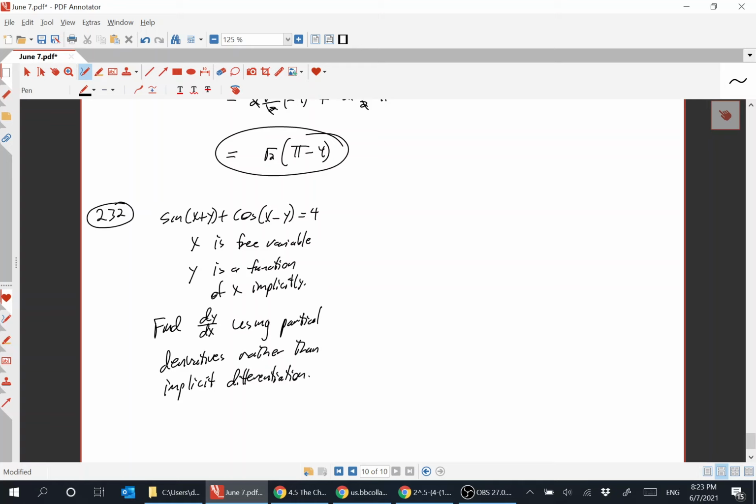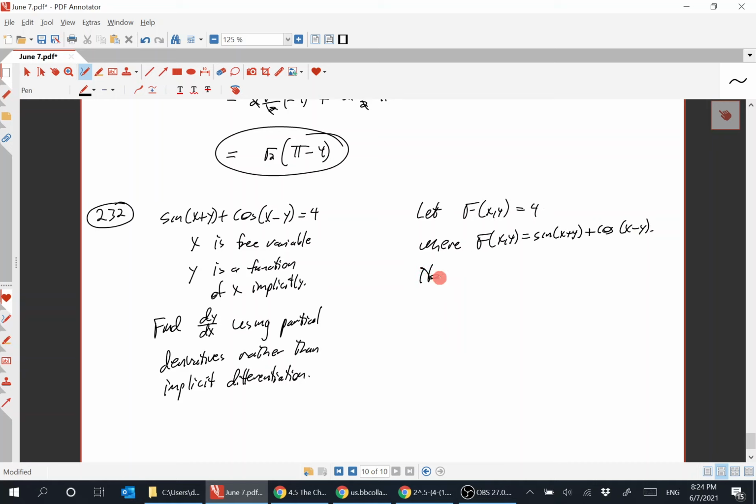Right, so you find this dy dx using partial derivatives rather than implicit differentiation. So the way this goes is as follows, right? So here's the underpinning of it. So let f of x, y equal this thing here, sine x plus y plus cosine x minus y, where it equals 4.